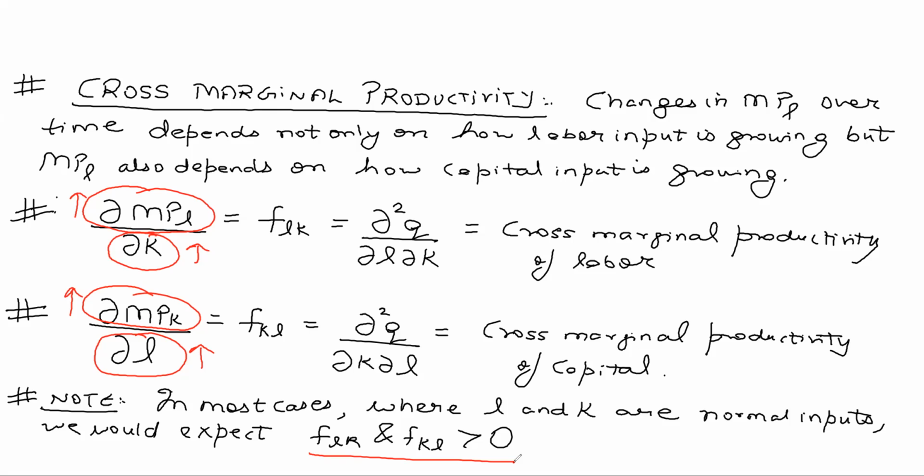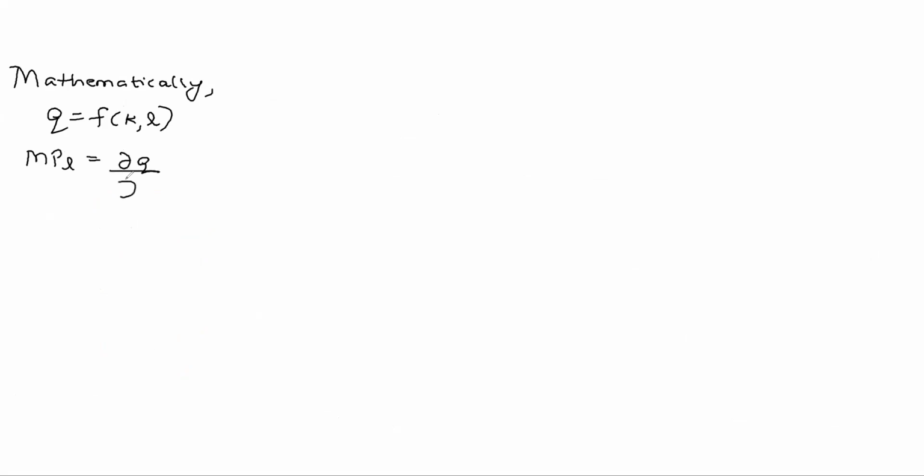So I hope all the students are clear with this. So if I quickly sum up till now what we have done, mathematically, if my production function is Q as a function of K and L, then marginal productivity of labor will be del Q by del L. This will be positive.